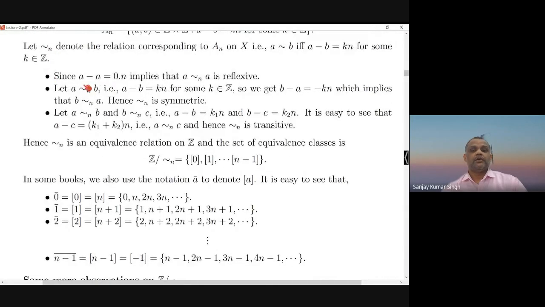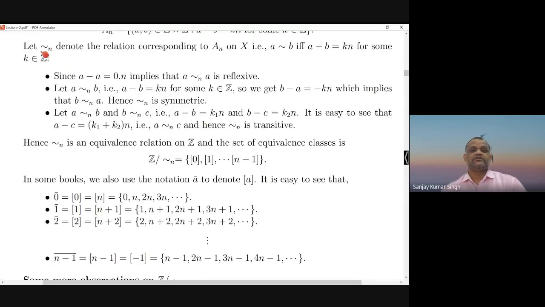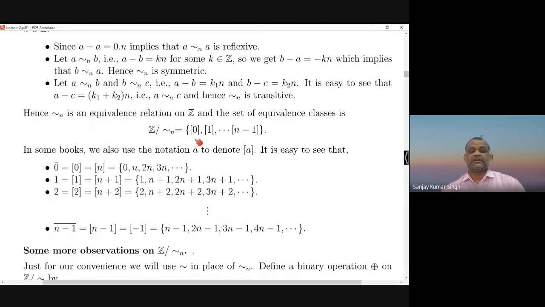And you can check that actually this relation is an equivalence relation. Why? Because A minus A is equal to 0 times n, which implies that A is related to A. And similarly, you can verify the other conditions, and you get that this relation is actually an equivalence relation, and hence you can talk about this set Z by tilde n, which is a set of all equivalence classes of this relation.